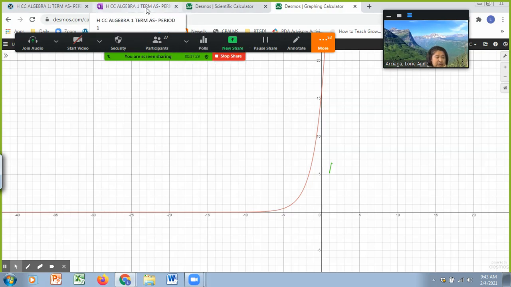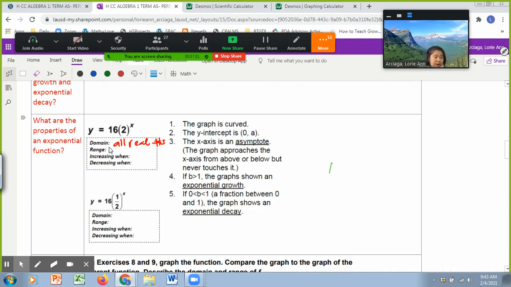Okay, so the range will be the positive y. So y is greater than 0. Why did I not put an equal to 0? Because I said earlier it never touches the x-axis. It just keeps getting closer and closer. Now, is it always y greater than 0? No, not necessarily. I'll show you when it becomes a number besides 0. But the domain is the same, whatever happens.